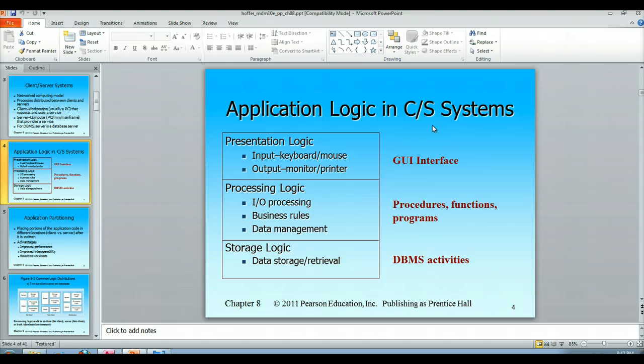The reason I try to avoid using triggers there is that, for the most part, you should associate triggers with events that are happening on a table. And then there's storage logic, which is what's going on in the database management system. So that's data storage, data retrieval, backing up, recovery, all that kind of stuff.